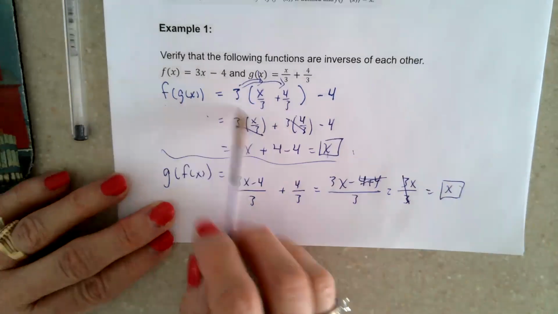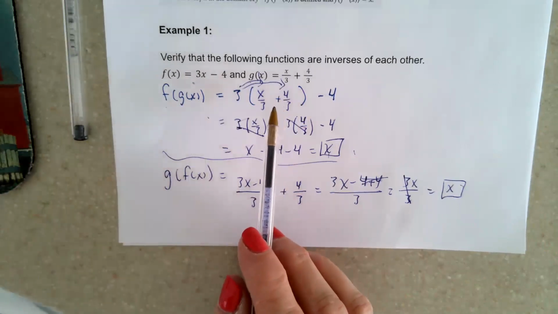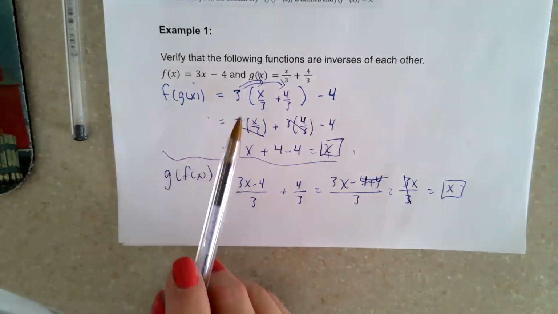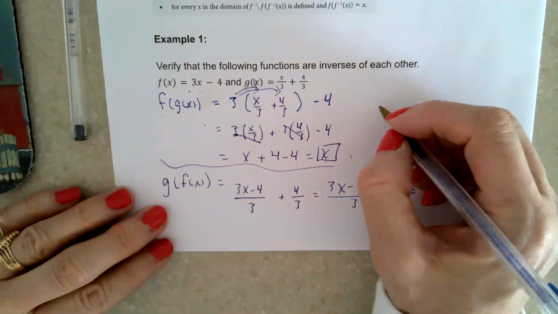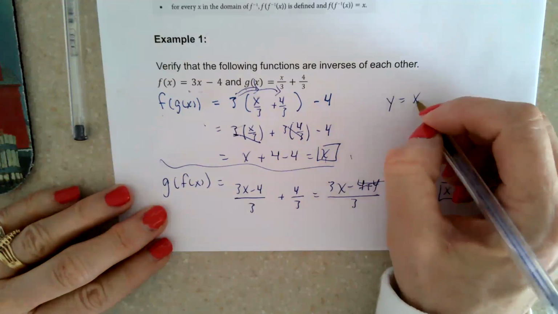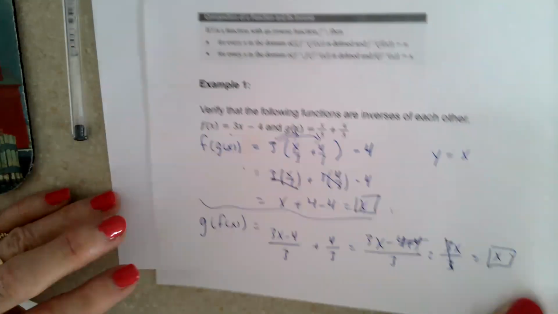So thus we can say that f of x and g of x are inverses of each other. Also, a unique thing is that if they're inverses of each other, they are symmetric around the line y equals x.